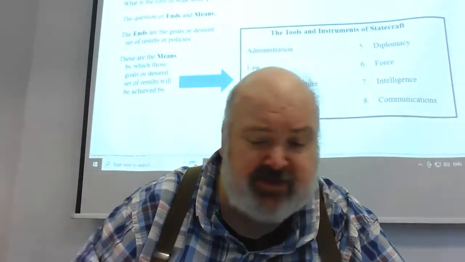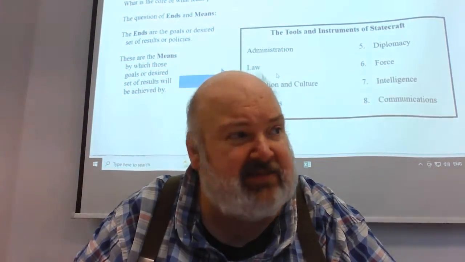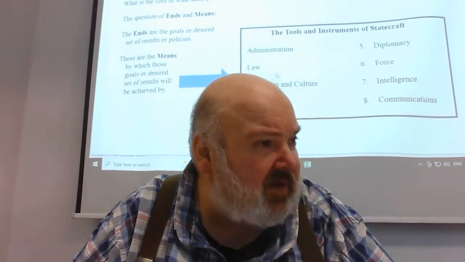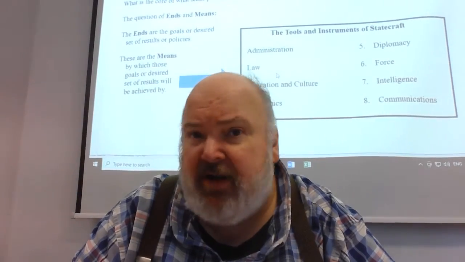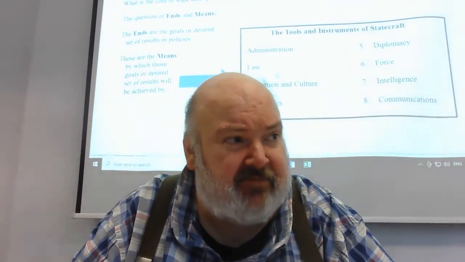A general purpose and general order that makes it effective and efficient. Now, one of the things we have to talk about is decision making. And decision making is one of the key factors in statecraft.